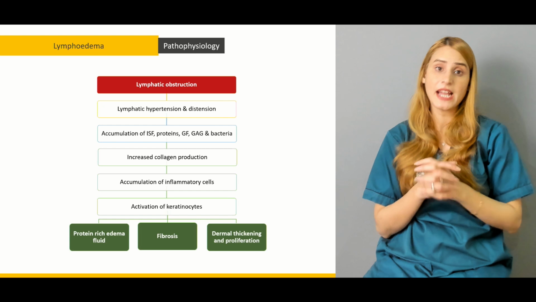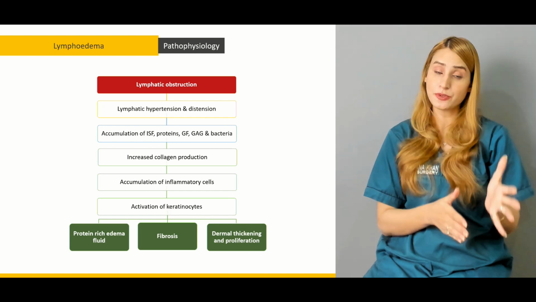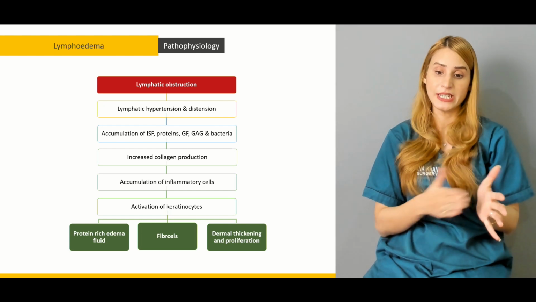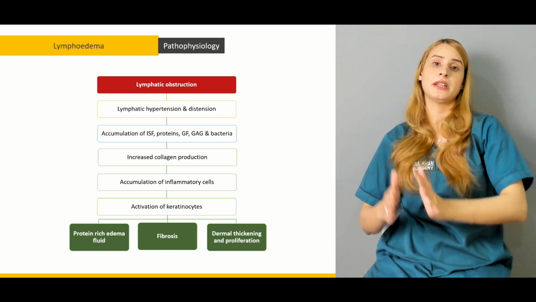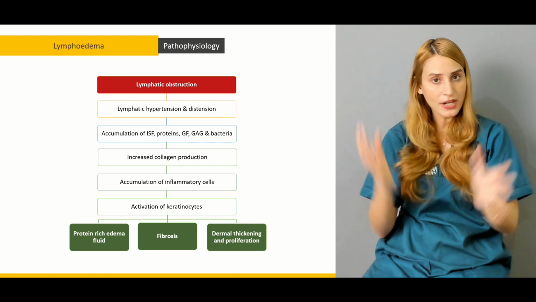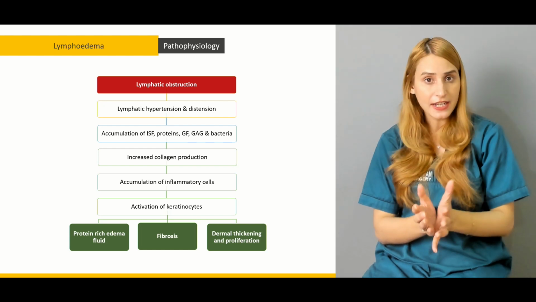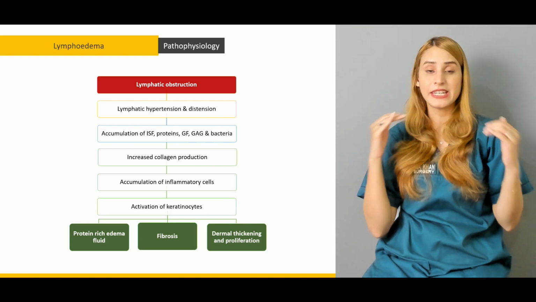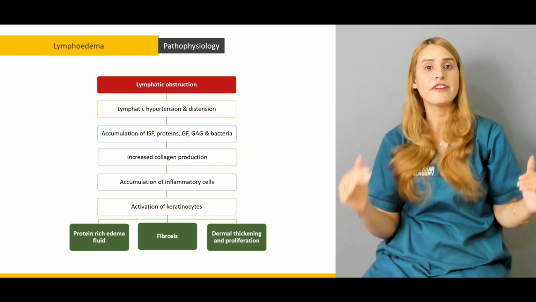Because of the activation of the keratinocytes, there is protein-rich edema fluid, fibrosis, and ultimately dermal thickening and proliferation. So whatever the cause, whatever the risk factor is, the key point is the lymphatic obstruction.